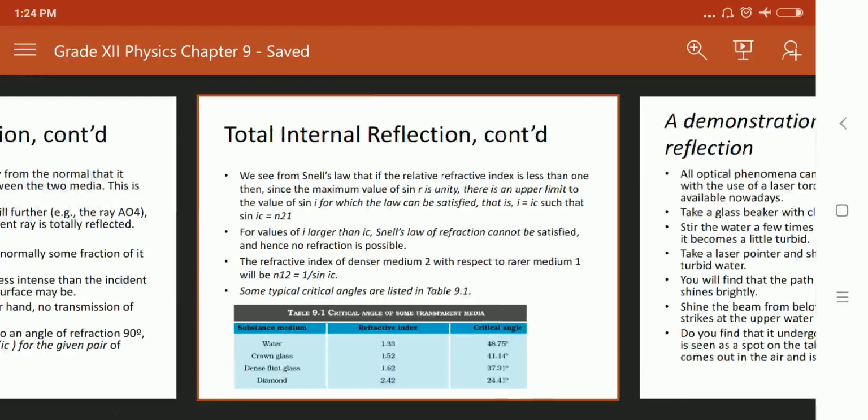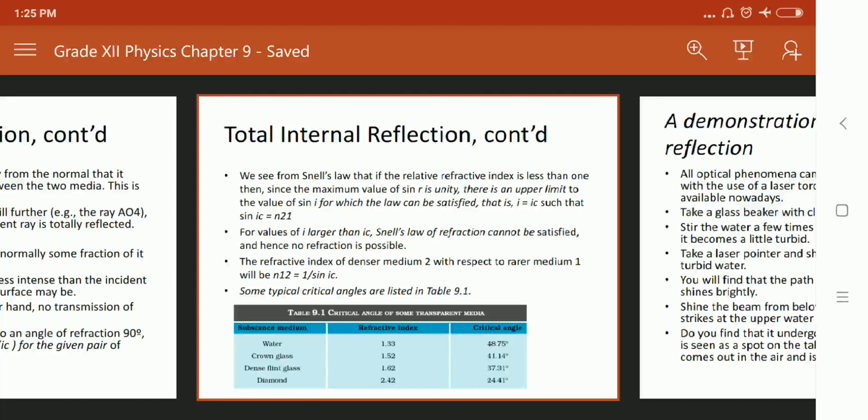This condition is available based on Snell's law itself. If the relative refractive index n21 is less than 1, then the maximum value of sine of the refraction angle, sin r, is unity.